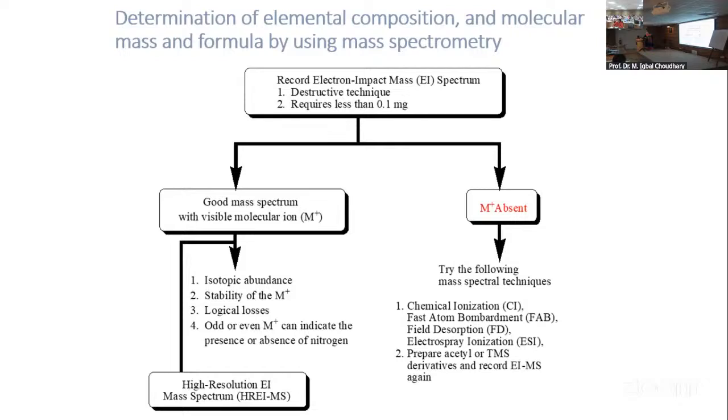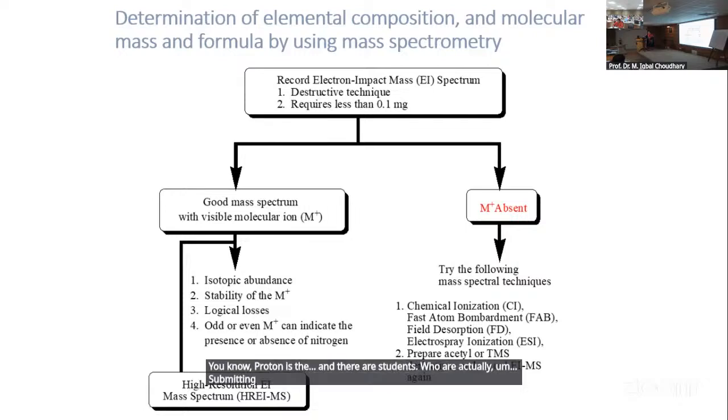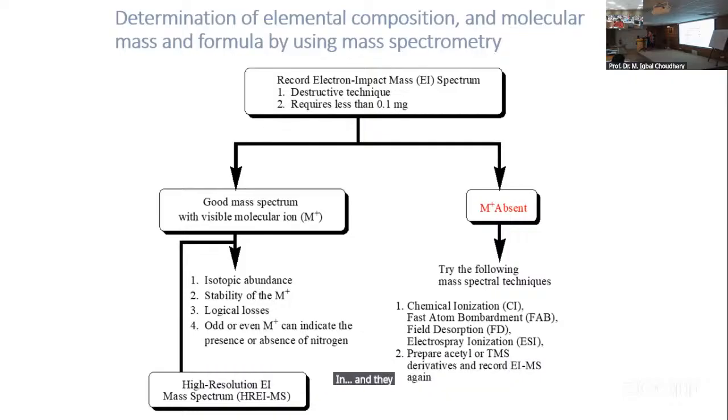Why we should do this characterization, analyzing: yes, you need to know, and this is the strategy that you need to follow. You have to do mass first, and then you can proceed for proton. There are students who submit their sample which is not even completely soluble, and they just randomly write the solvent.